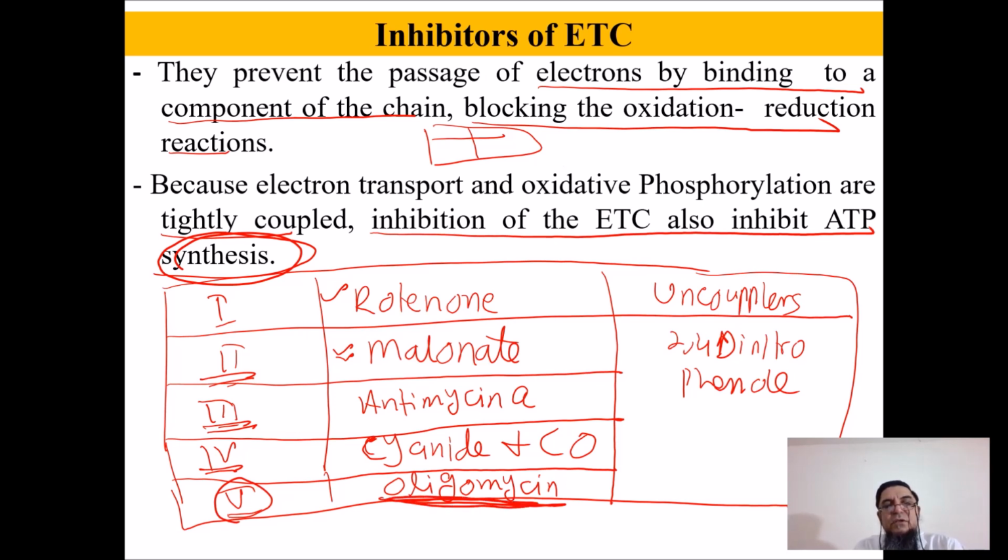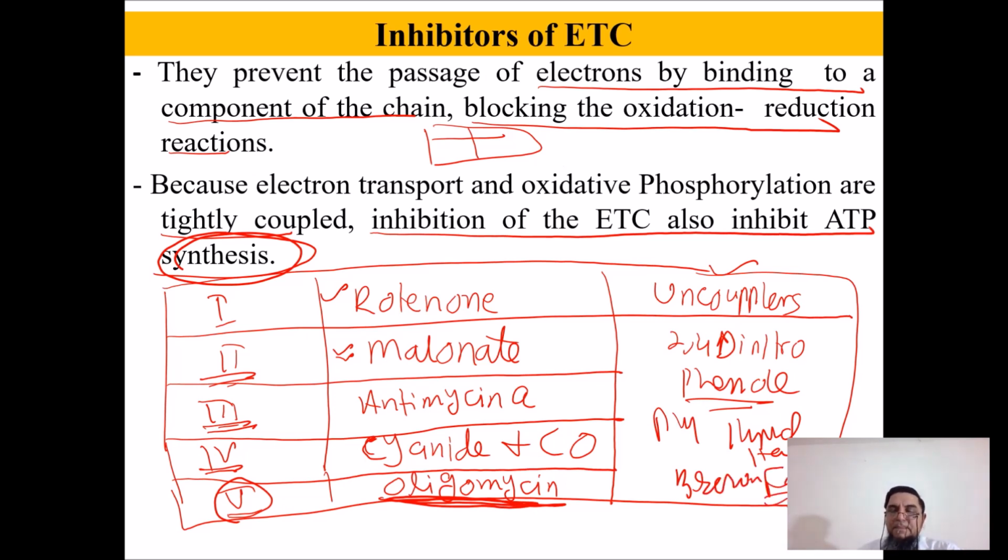The uncouplers are 2,4-dinitrophenol, and the physiological uncouplers are thyroid hormone and brown fat.